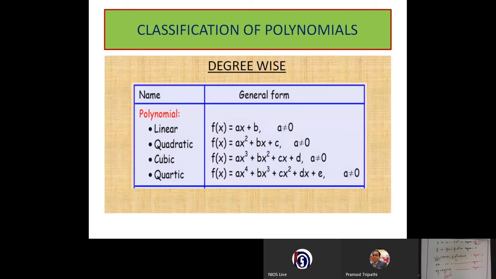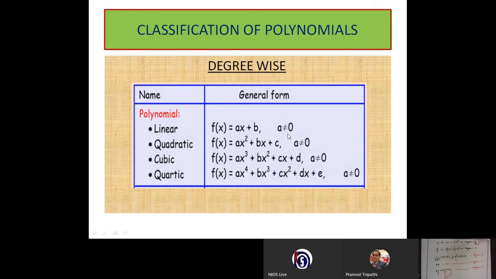Now, degree wise. We have taken some standard form or the general form of the polynomial here. Now we see a polynomial ax plus b, a is not equal to 0. When a becomes 0, then it becomes a constant polynomial.